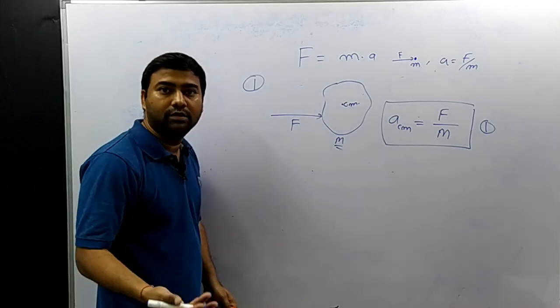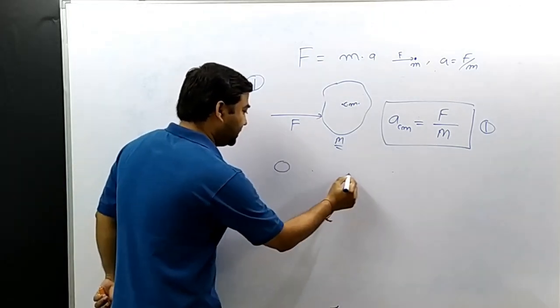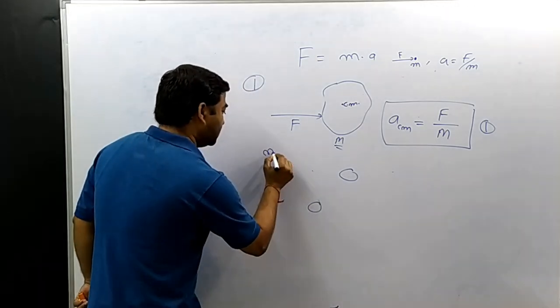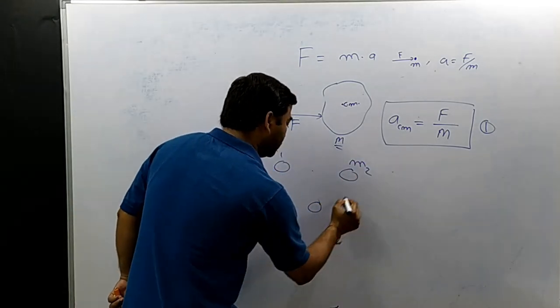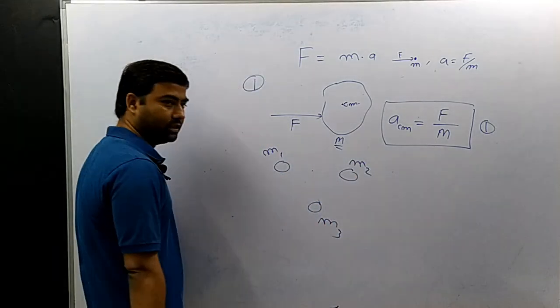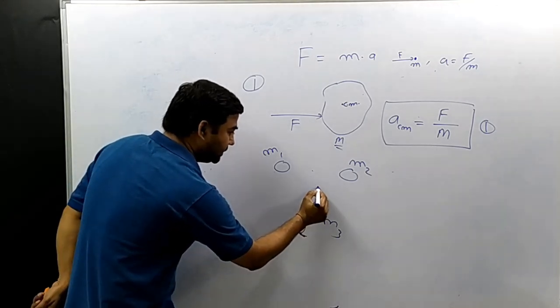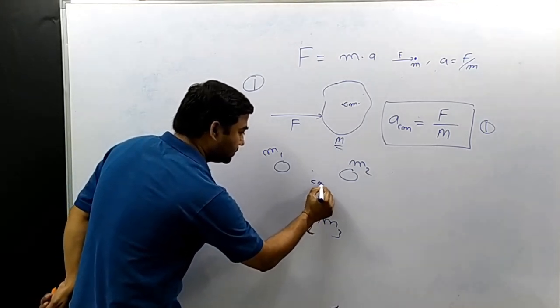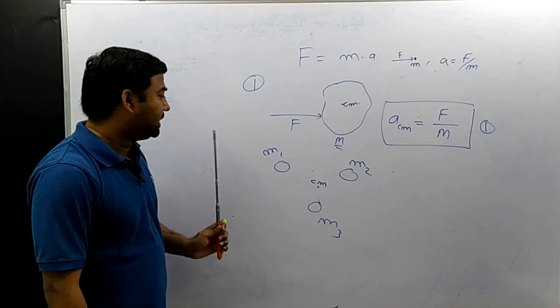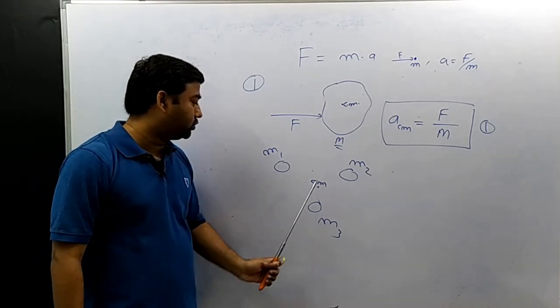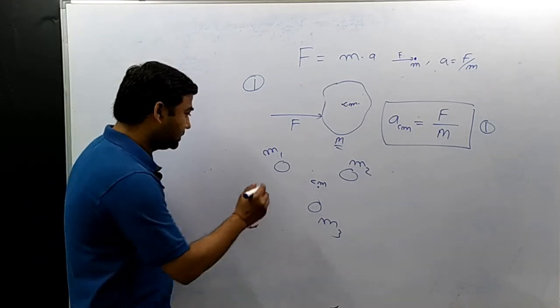If there are more than one object, let there be three objects, M1, M2, M3, and their center of mass is here. So let there be a system of M1, M2, M3, and this is the center of mass.